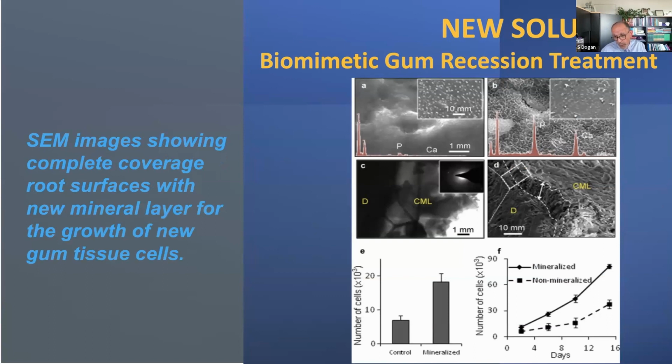And we were able to show that on the new mineralized surfaces with our new technology, compared to the control without any peptide application, the periodontal ligament cell growth is way higher, almost triple compared to the control without peptide treatment. These are all very exciting studies.